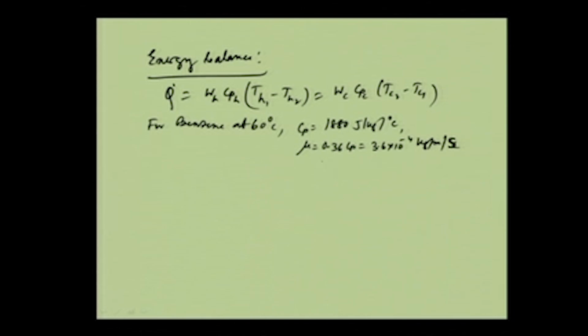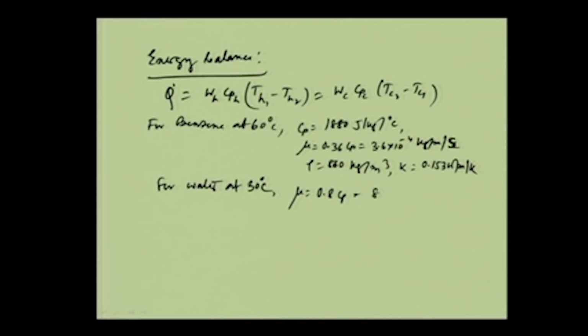Rho equals 860 kg per meter cube, and K, the thermal conductivity, is equal to 0.153 watt per meter per Kelvin. And for water at 30 degree centigrade, we have mu equal to 0.8 cP, and that is equal to 8 into 10 to the power minus 4 kg per meter per second.